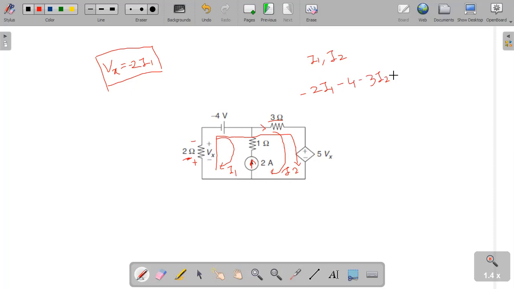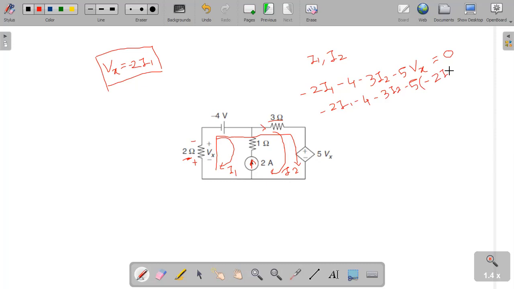Then I have minus 5Vx, the dependent voltage source, equal to 0. Now, as we have already found the value of Vx, I can simply write in the place of Vx as minus 2I1. So here I will have minus 5 multiplied by minus 2I1, and equals 0.